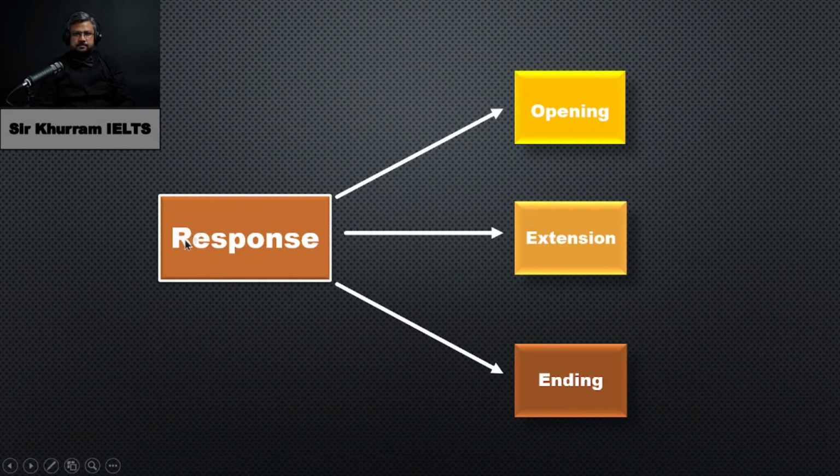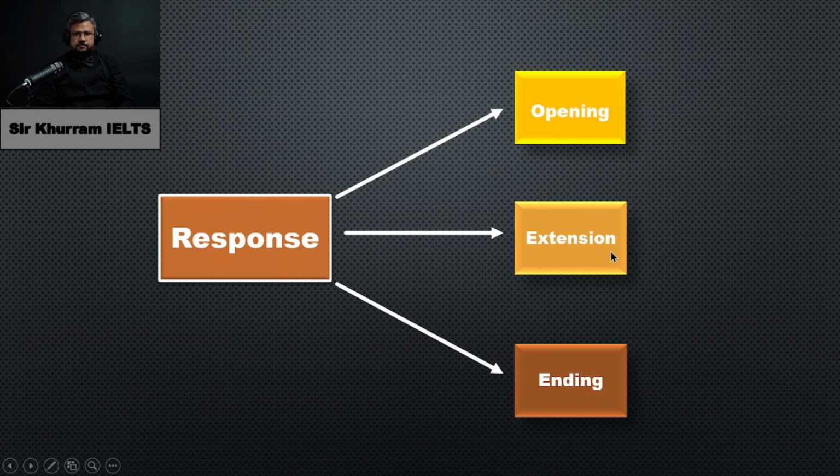Our response looks somewhat like this. It has the opening, the extension and the ending. So whenever the examiner asks us any question, we have to initiate our response, and this is called the opening. After that, we have to move to the second stage. This is called extension. The second phase of a talk is the core of a discussion.